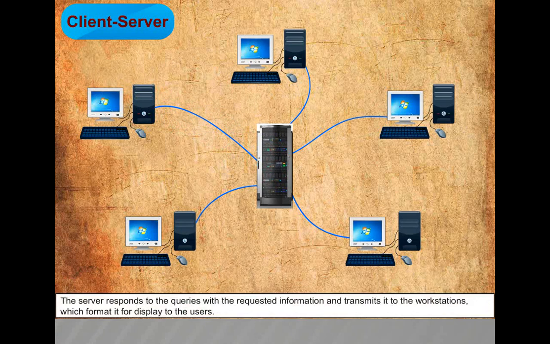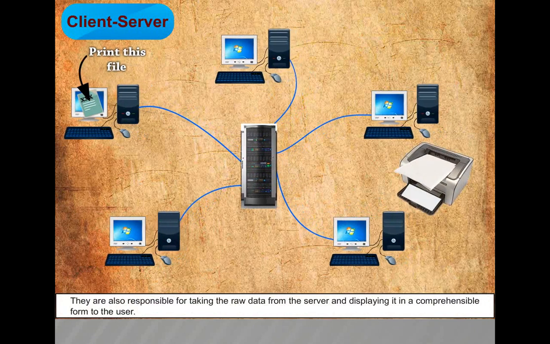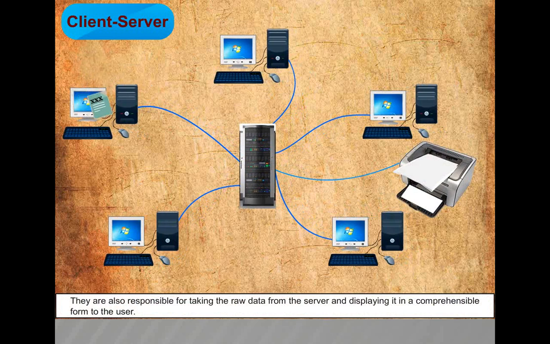The server responds to the queries with the requested information and transmits it to the workstations, which format it for display to the users. They are also responsible for taking the raw data from the server and displaying it in a comprehensible form to the user.